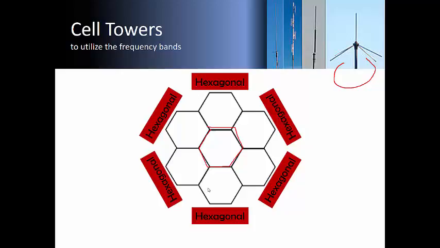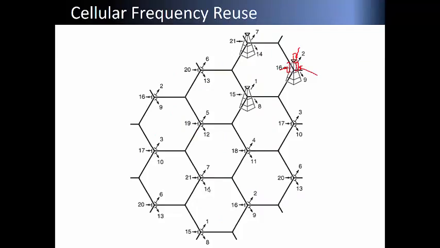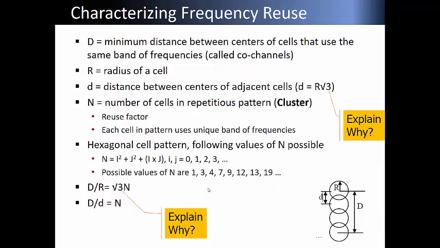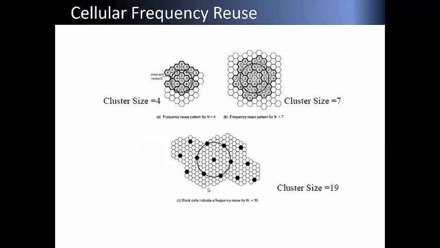And it can grow further and further, like we have here. So we can characterize the frequency reuse, which means we have multiple cells. A cluster is a group of cells.